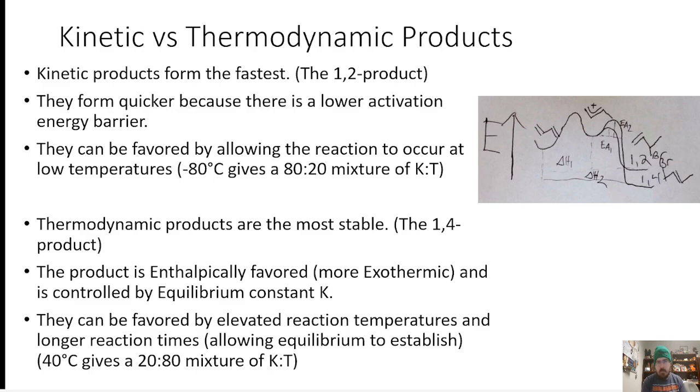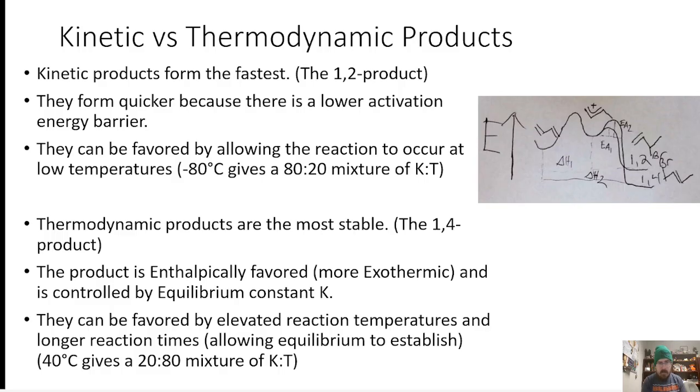And so even though a primary carbocation is less stable, a disubstituted alkene is more stable. So if we allow more time and more energy, we can favor the 1,4 addition.